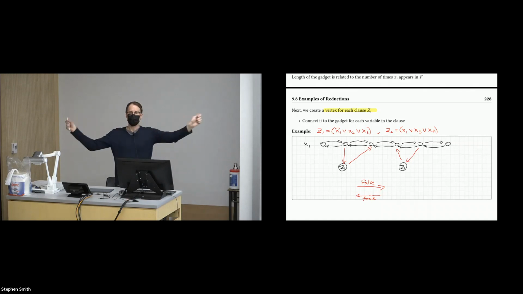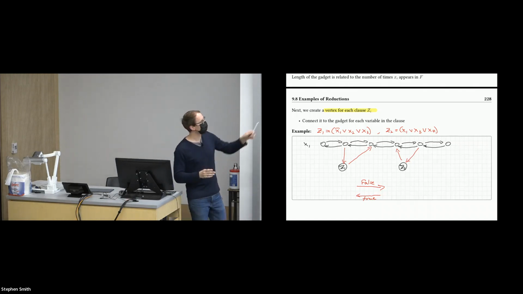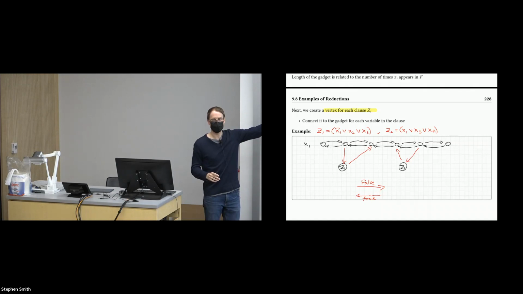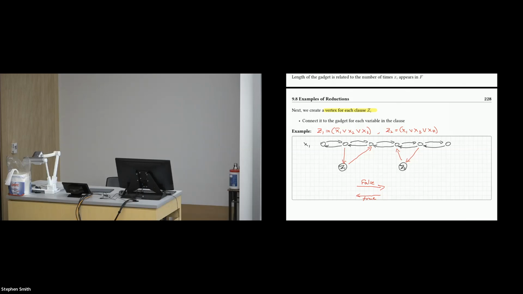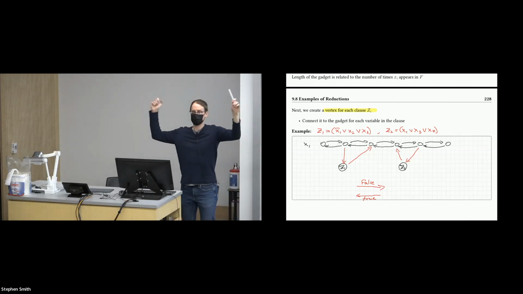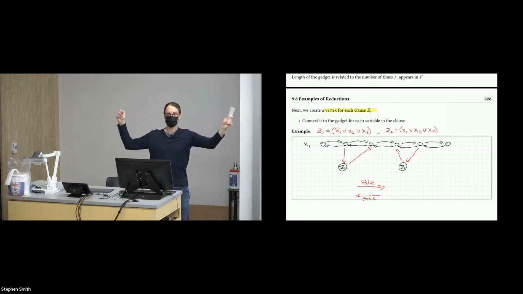And I make my gadget long enough so that I can connect up all these things without reusing a vertex for two of them. Do you know what I mean? See how I have an end vertex, then I connect Z1 to 1 and 2. And then I connect Z2 to 3 and 4. And then I have another end vertex. So I'm going to make my chain long enough so I can have a free one on either end.